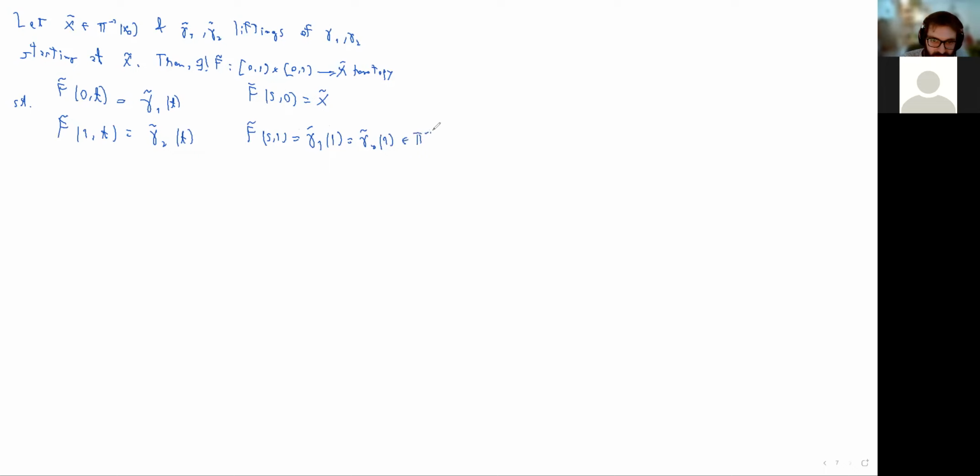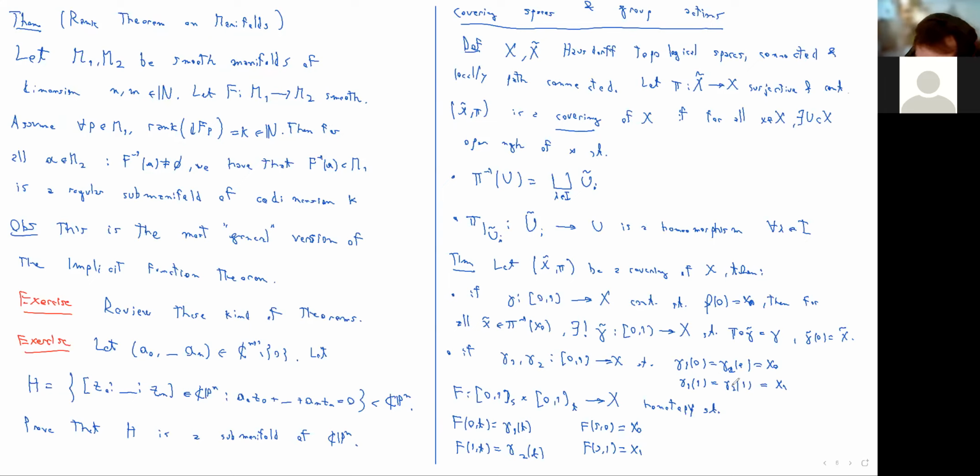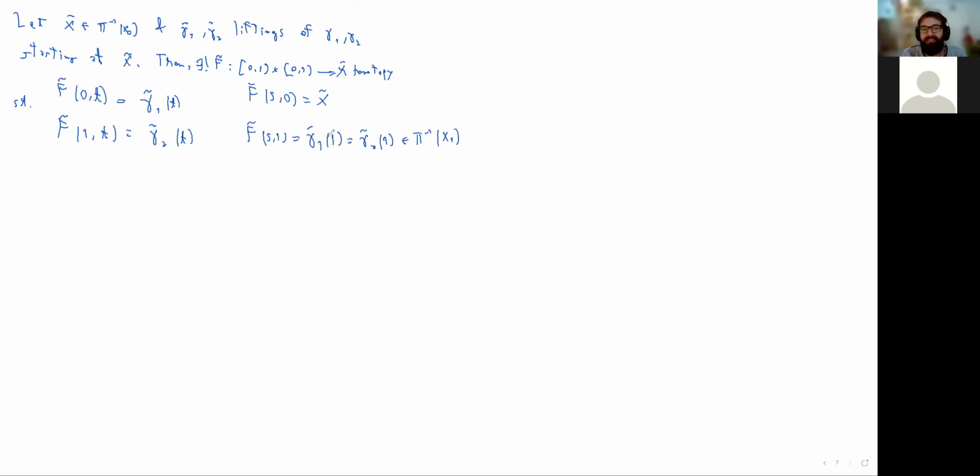And this is in the preimage of x1. x1 was the endpoint of our two paths, and our lifting ends in something which is over this endpoint.